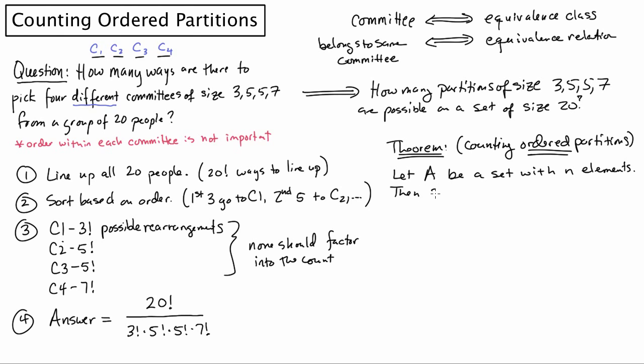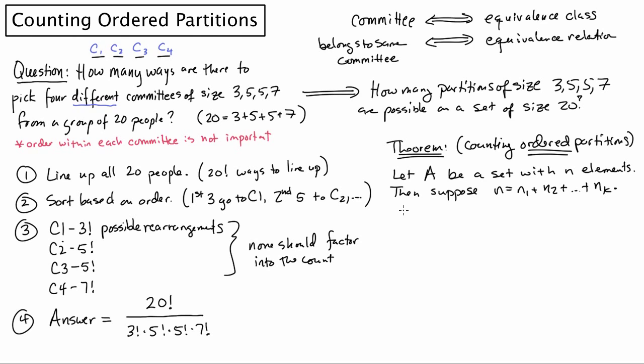Then suppose n is equal to n1 plus n2 plus up to nk. In other words, we've decomposed n into a summand. So for example, in the committee problem, we decomposed 20 into 3 plus 5 plus 5 plus 7. Now I realize that's not unique, so I'm just supposing that that's what it looks like in this particular case.